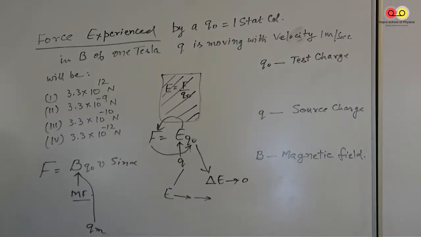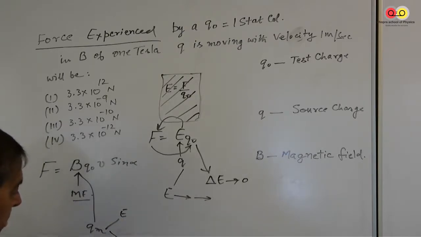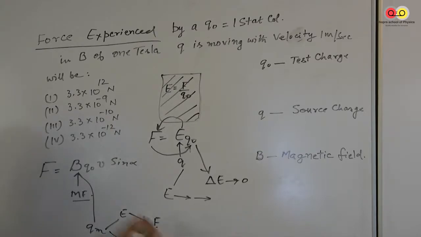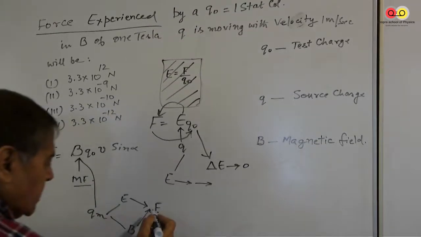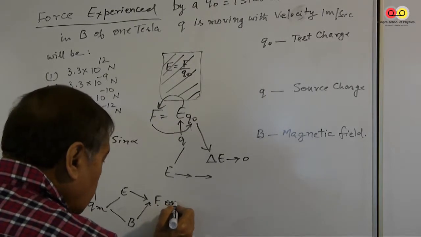So what is clear to you? Moving charges give rise to two types of fields, electric field as well as magnetic field. And both the fields will exert force on the charge. That is, force is exerted on Q naught.